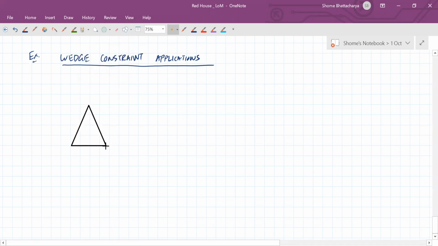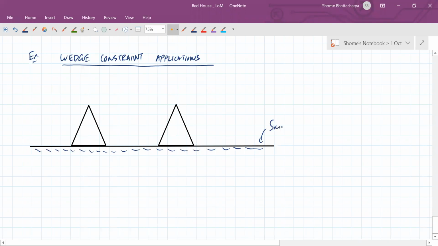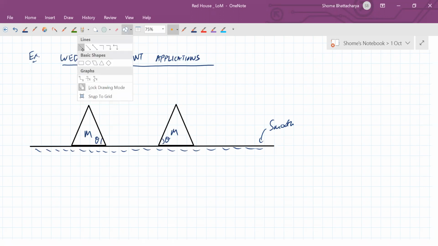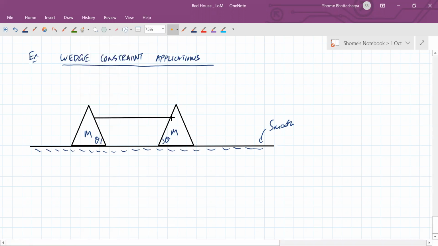For that, we have a system like this. Let's say two identical triangular wedges on a smooth surface, and then what we have is a thin rod, but the rod is shaped such that the ends of the rod have a slight curvature like this.